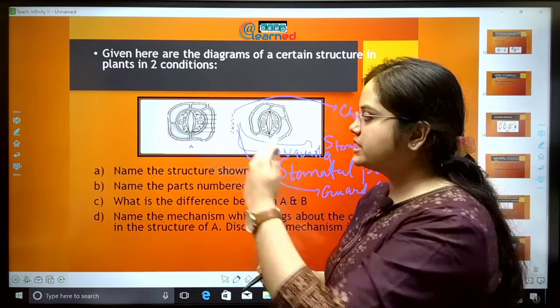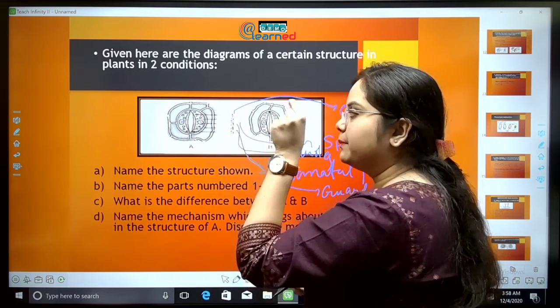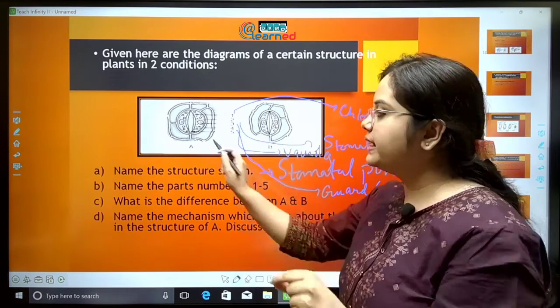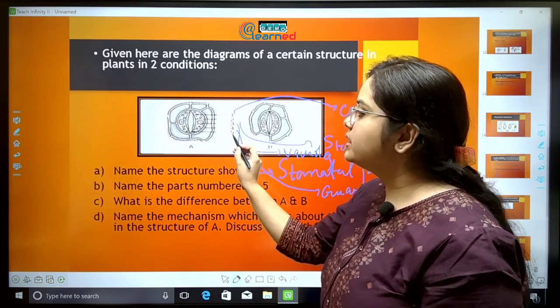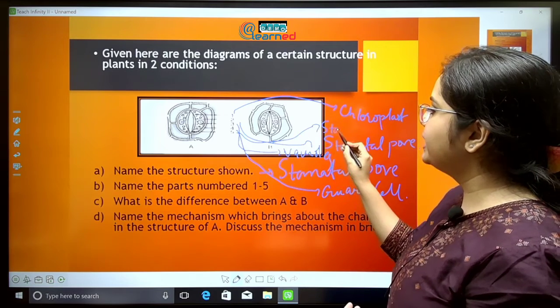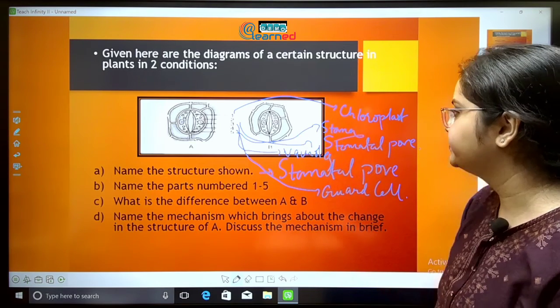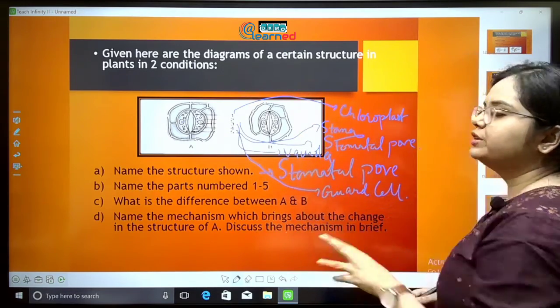Fifth one, they are showing this stomatal pore only, but they are putting that arrow towards the middle. So this is the stoma itself. Stomata is the plural form. So all these have been identified, number 1, 2, 3, 4, 5.